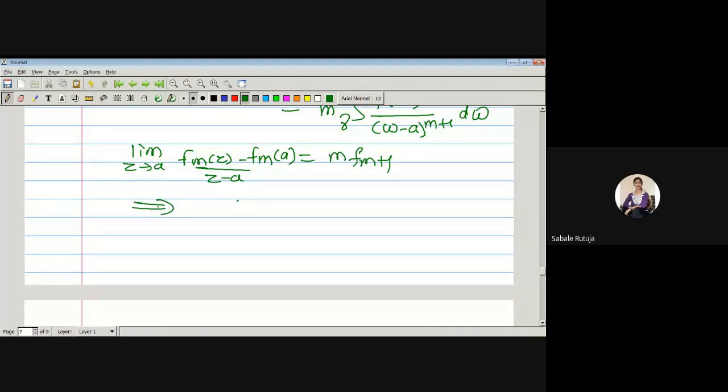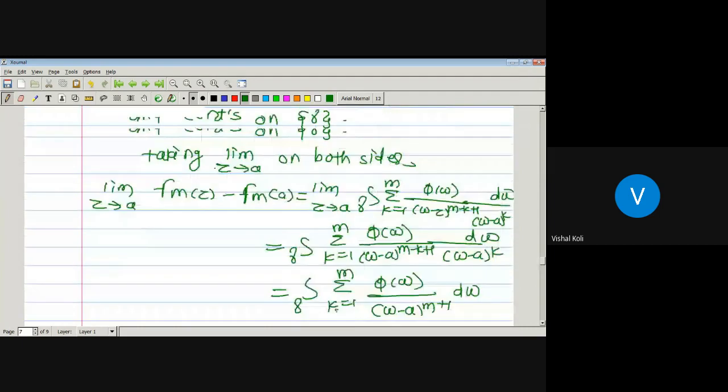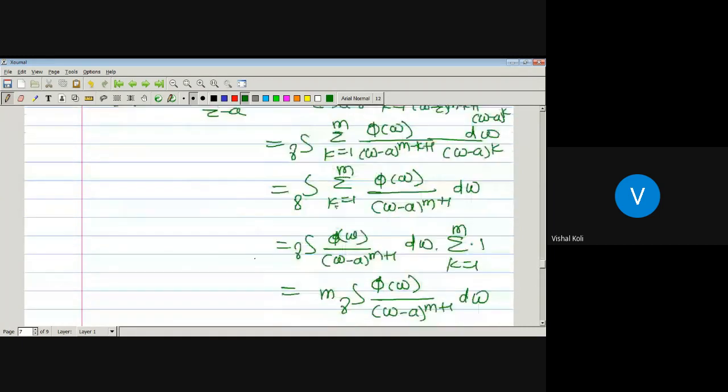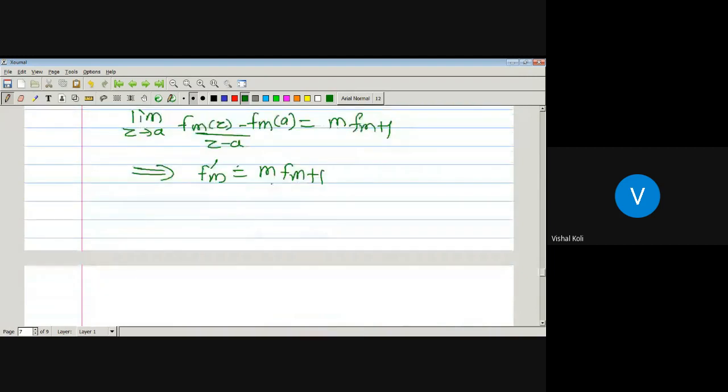By the definition of derivative, it is nothing but the derivative of fm, that is fm dash, and which is equal to m into fm plus 1. But this is at a point a. So fm dash of a is nothing but m into fm plus 1 of a.